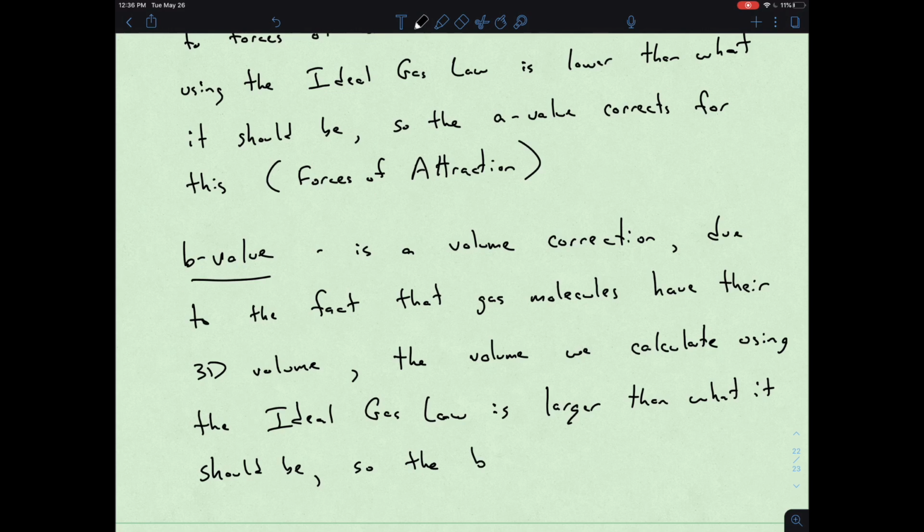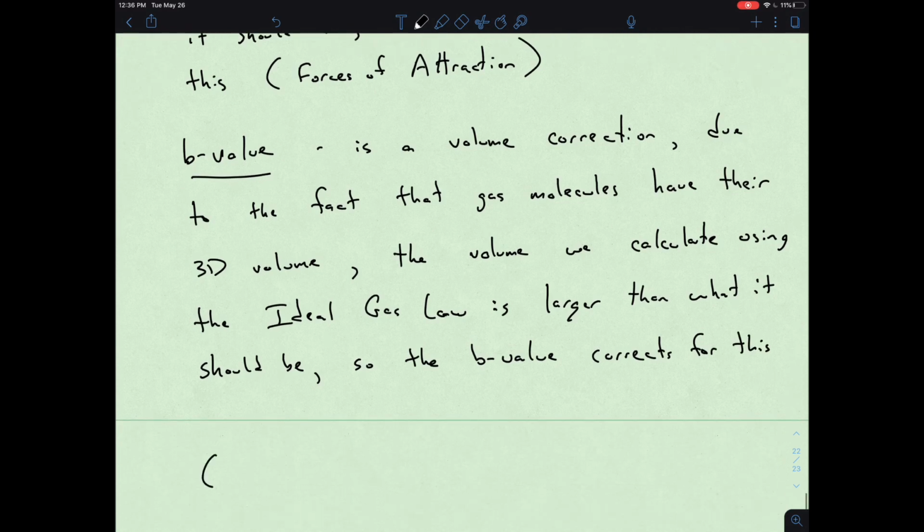So the B value corrects for this. And so it's correcting for the idea of molecular volume.